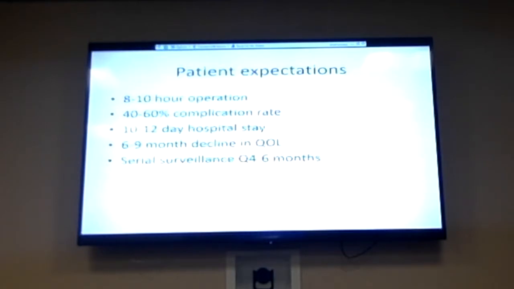There's no ERAS for HIPEC. It doesn't work. And then there's a dip in their quality of life and their functional status, and they will require serial surveillance every 4 to 6 months for the foreseeable future.